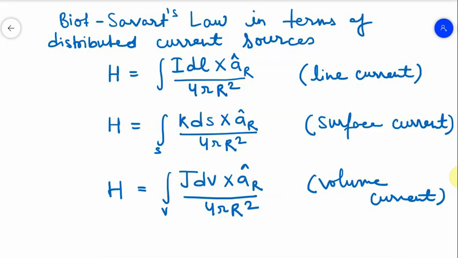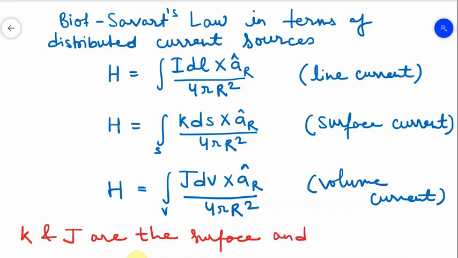So what are this K and J? K and J are the surface and volume current densities respectively.